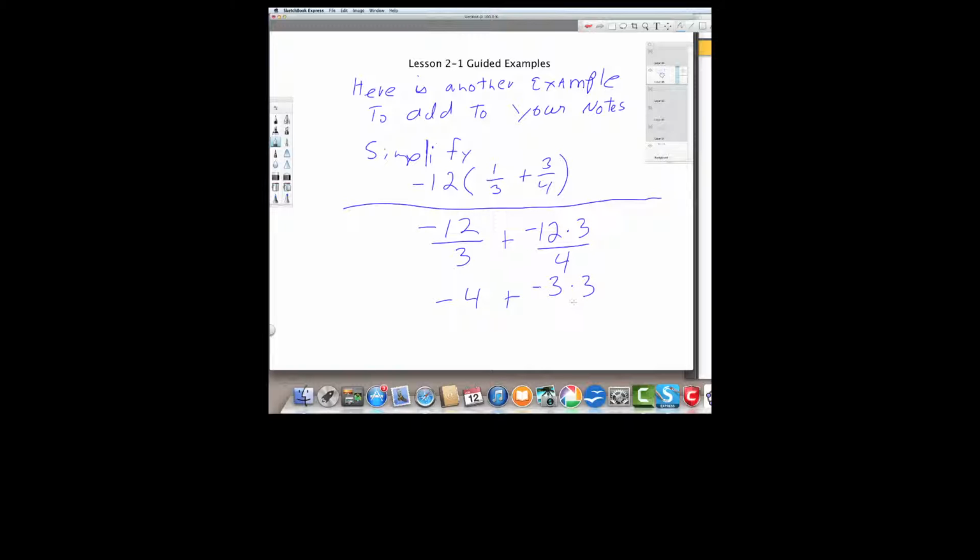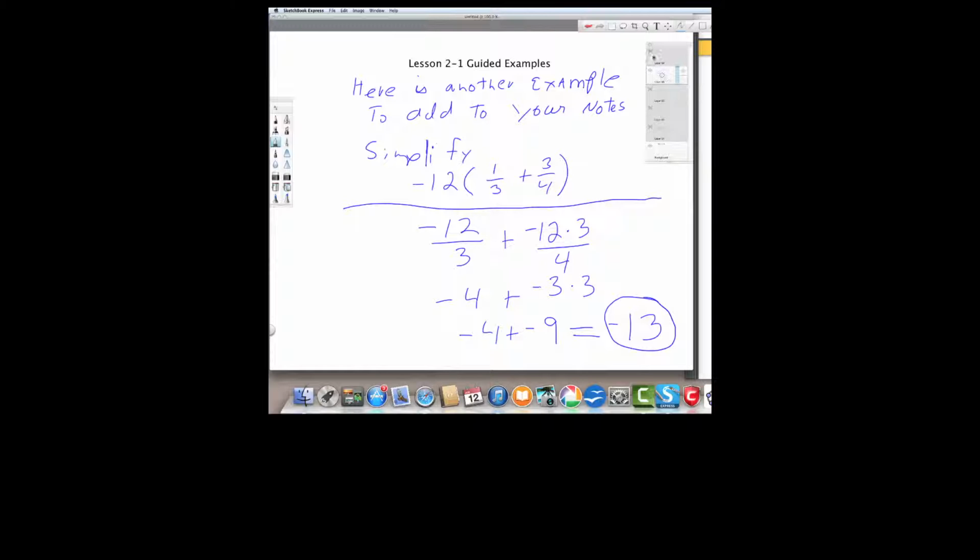The denominators are now gone, so that's negative 4 plus a negative 9, and that all equals negative 13. Cool, I have an answer. Again, put this into your notes. This is a great example of how the distributive property can really help to make some math a lot simpler, and I'll give you a way to be able to just do it and perhaps even do it in your head.